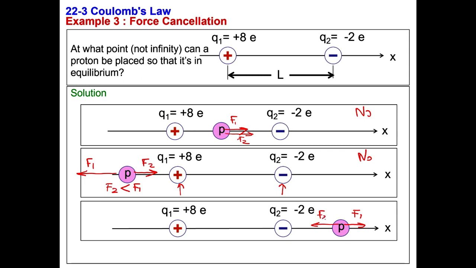Can these forces cancel? Yes, they can cancel. Why? This distance is larger, but this charge is larger also. So this is possible, and we will verify that F1 can be equal in magnitude to F2 in this situation.